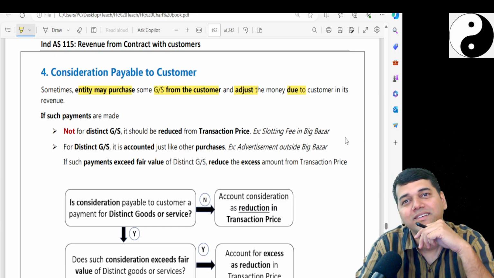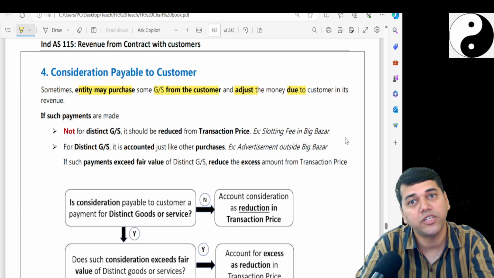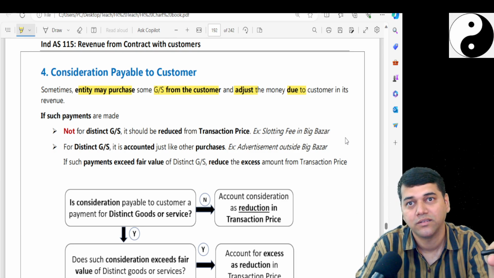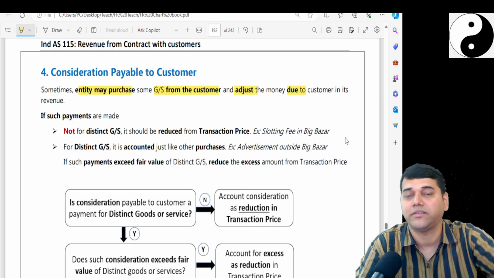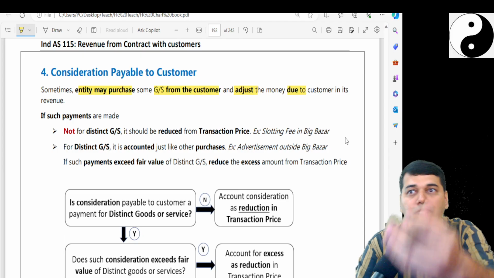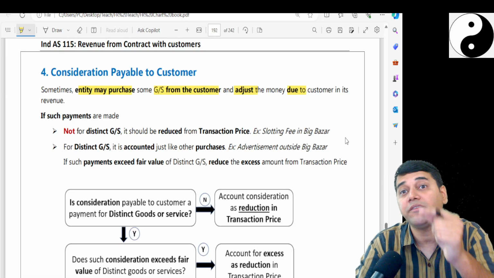Is the damaged goods their product? No. If you give something, and the damage happens and my contract says I'm going to get it back, then it becomes a variable consideration.